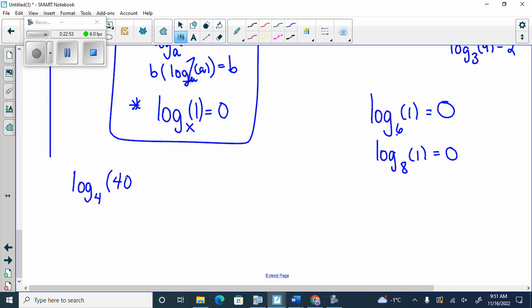Okay, number 1: log base 4096 of x equals 64. I want you to solve this one.